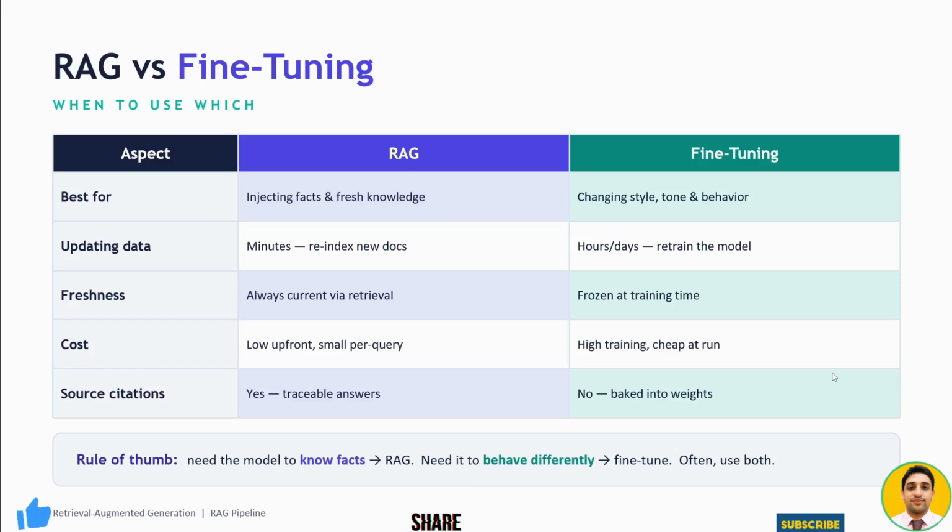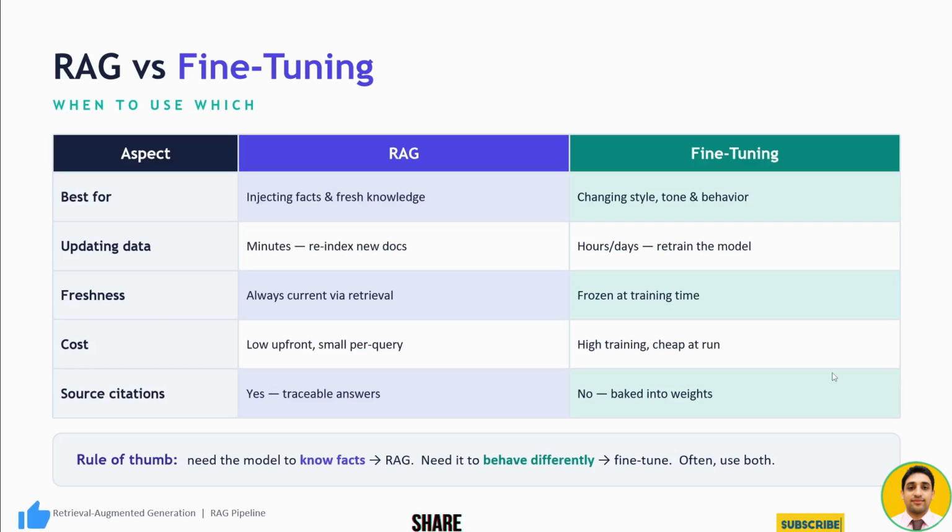When it comes to what each approach is best suited for, RAG excels at injecting facts and fresh knowledge into a model's responses, while fine-tuning is better suited for changing the style, tone, and overall behavior of a model. When it comes to updating data, RAG can be updated in just minutes simply by re-indexing new documents, whereas fine-tuning requires hours or even days to retrain the model.